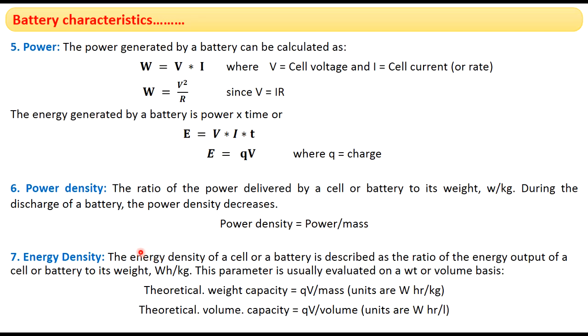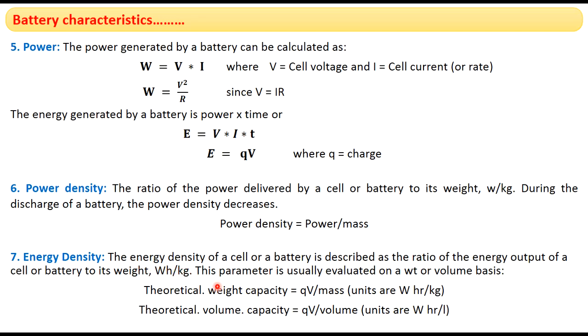Next, similarly, energy density, another characteristic. Energy density is the energy output of the battery to its weight. This is calculated based on weight basis and also on volume basis. Power density is calculated in terms of weight basis, but energy density is calculated based on both weight and volume basis.